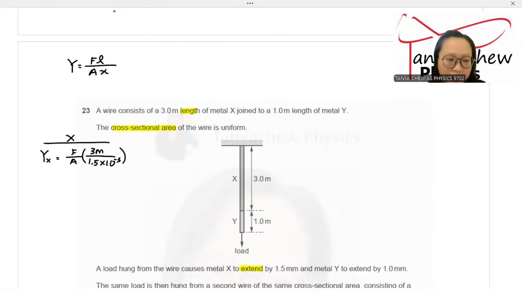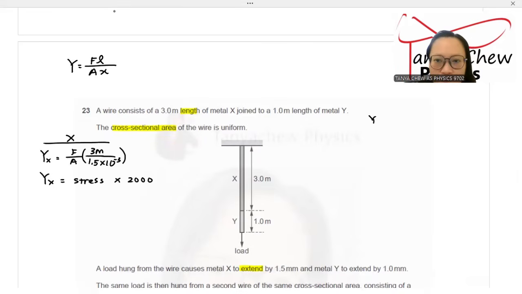And then I get a value here. Young modulus of X would be 3 divided by 1.5 millimeter. I got 2,000. F over A is stress. So I just put stress multiplies by 2,000, right? Okay, this is Young modulus of X.